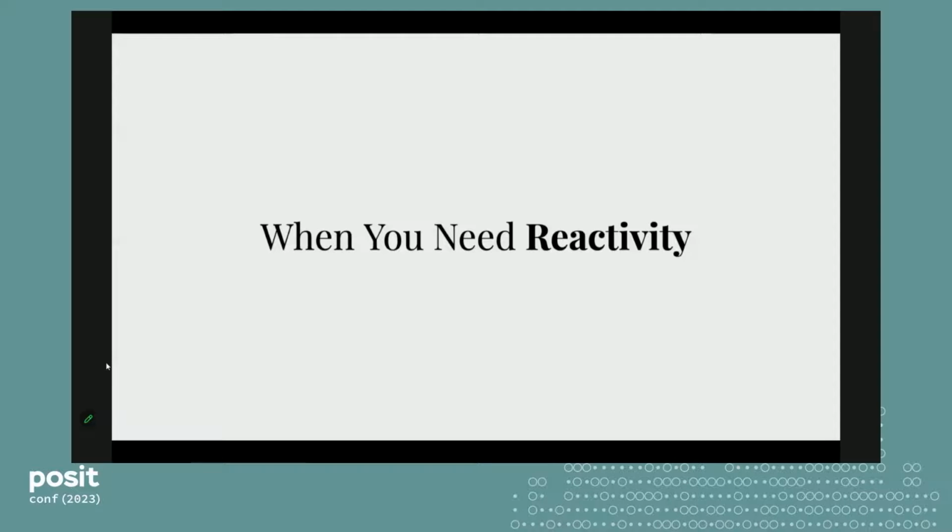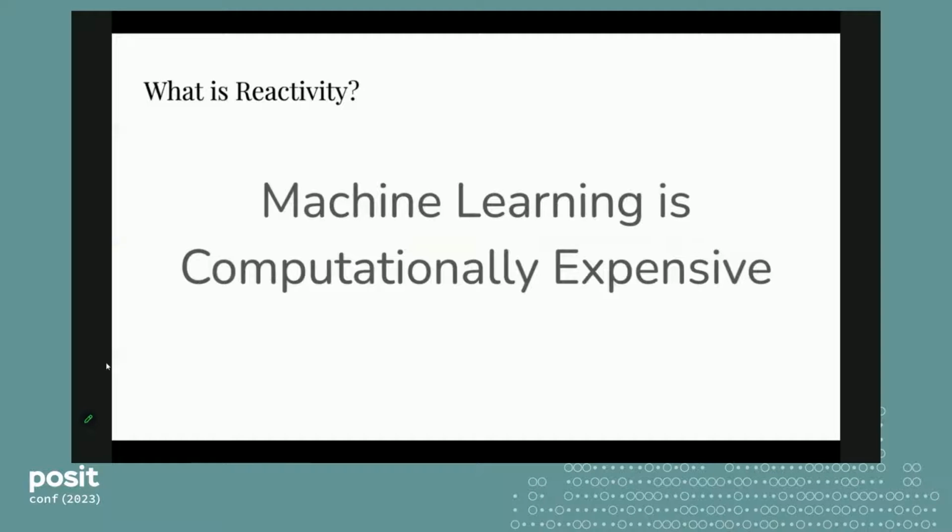So another time that you might consider using Shiny for Python apps is when you need reactivity. Now, what is reactivity? Well, to take a step back, one thing I think we can all agree on is that machine learning is computationally expensive. Whether we're doing training, fine-tuning, making inferences, a lot of the things that we're doing take a lot of computational power.